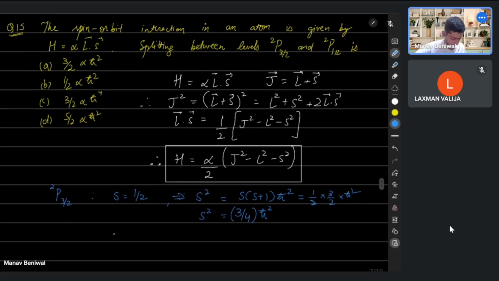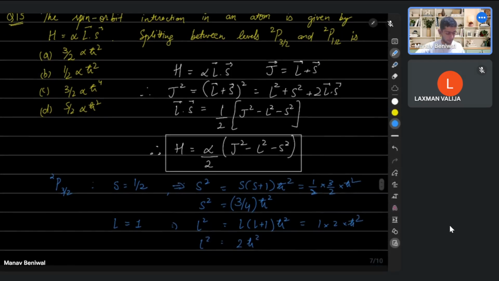Because it is p, L is 1, so our L squared will become L times L plus 1 h cut squared. If we put 1 here, this will be 1 times 2 times h cut squared. So our L squared is simply 2 times h cut squared.